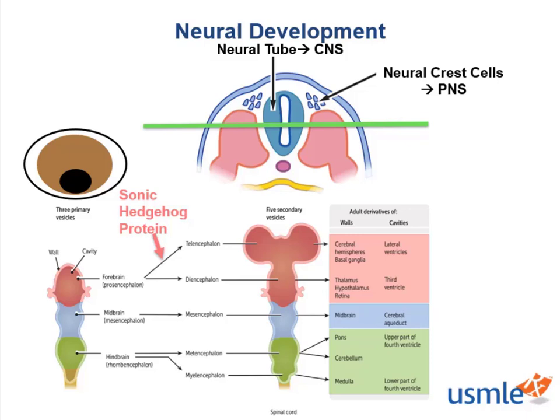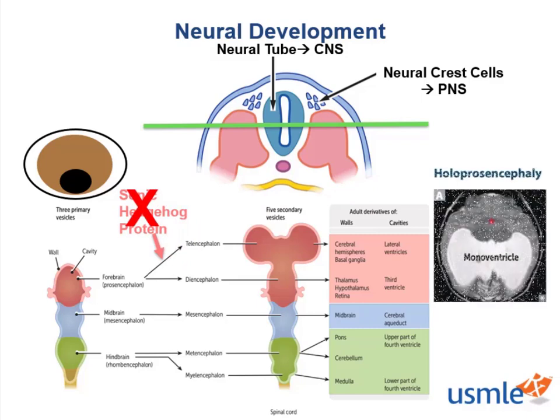If that Sonic the Hedgehog protein signaling does not occur appropriately, the prosencephalon will not divide into the telencephalon, and a condition with an actually perfect name is produced called holoprosencephaly, represented here with one giant monoventricle. Understanding neuroembryology makes this condition intuitive, doesn't it?